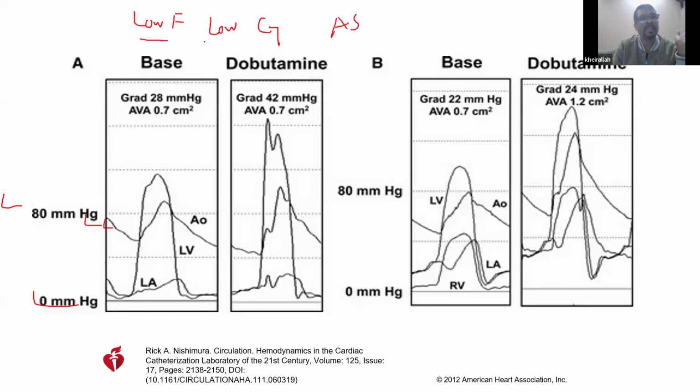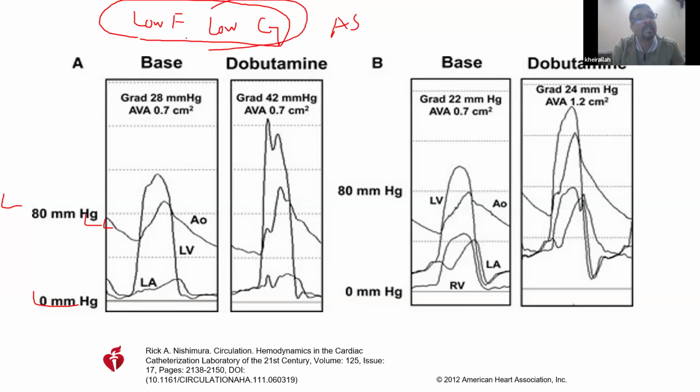Look at this statement: low flow, low gradient. Why are they interconnected? Because the gradient is a function of the flow. As we showed just now, in HOCM after the PVC, and even in aortic stenosis after the PVC, the gradient increases because we have more flow. So flow increases the gradient. If we have a low ejection fraction, it means low flow, contractility is low, so the flow is going to be low, and that might lead to a low gradient.